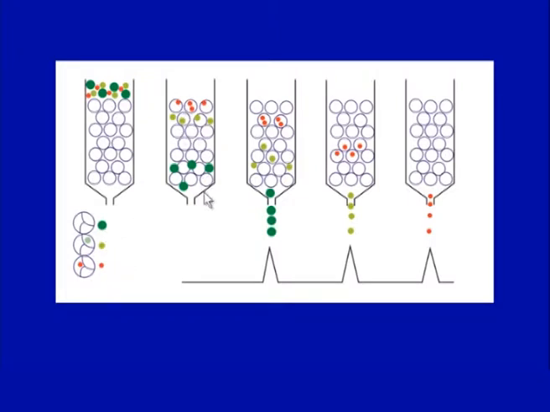They are moving at different rates, the larger moving out very fast, the intermediate moving at a relatively slower speed than the larger ones, and the smallest one will move at the slowest speed. As the column runs and time passes, the first to elute is the larger one and you get a separate fraction. That is how you can see very clearly.